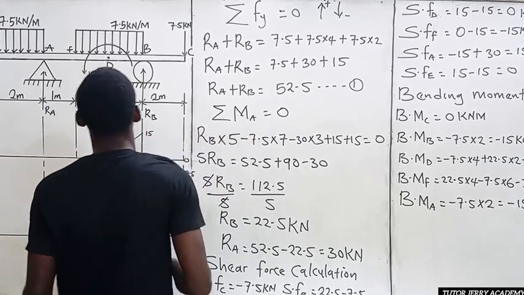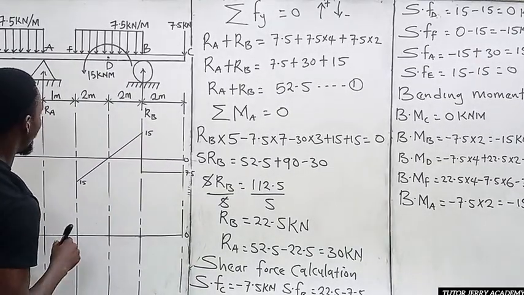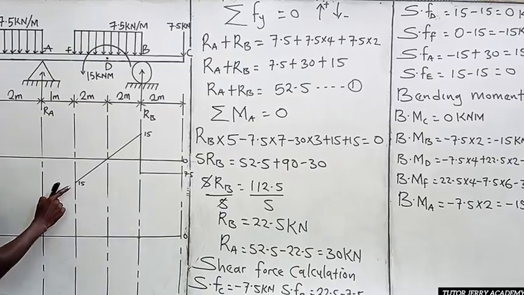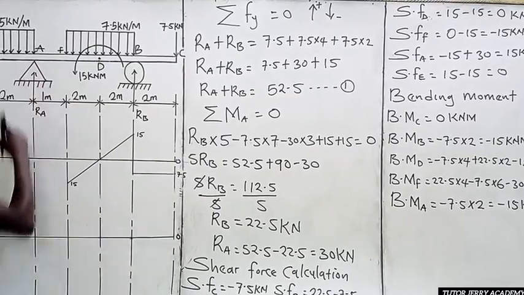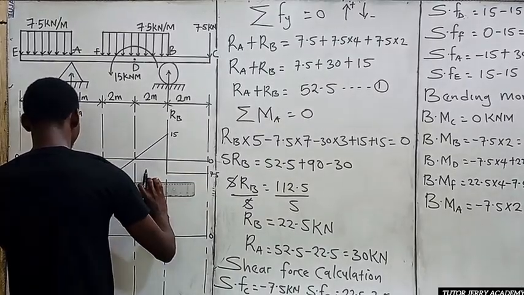Now, the shear force at point A is 15. But between F and A, we don't have any load, so it's going to be a constant line.